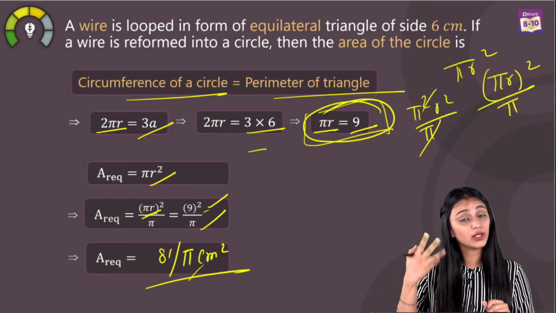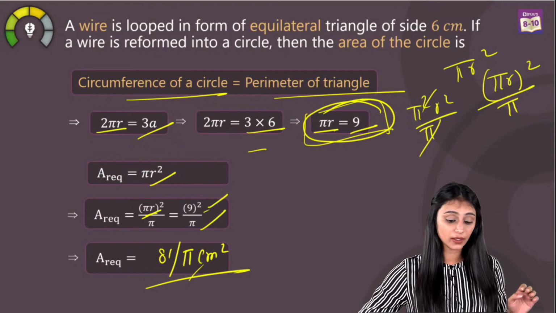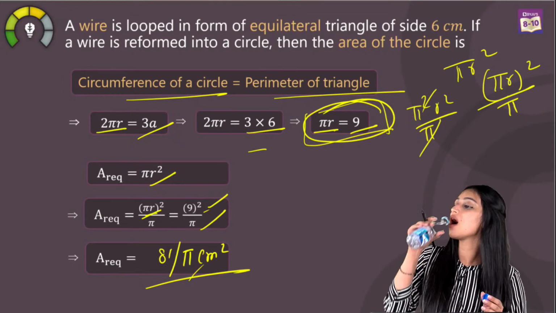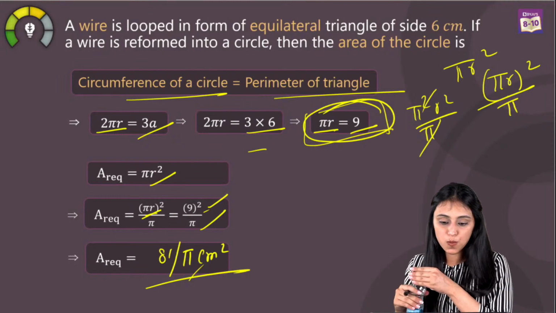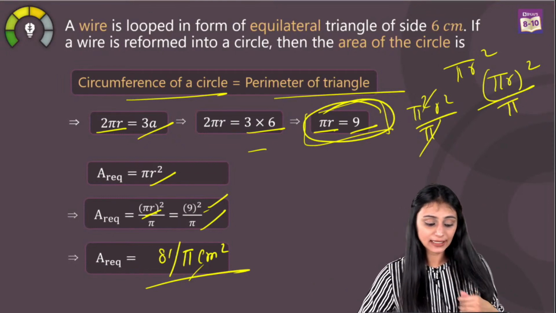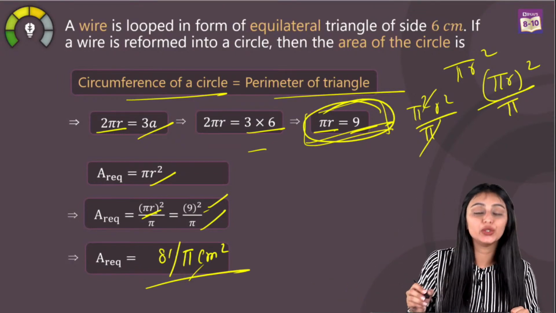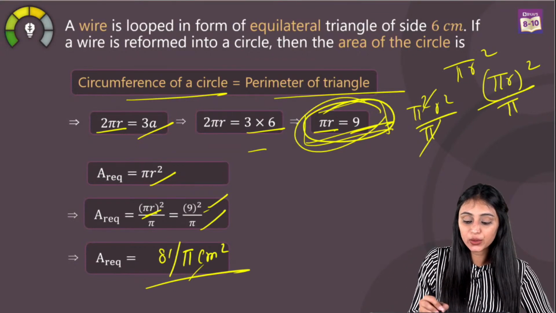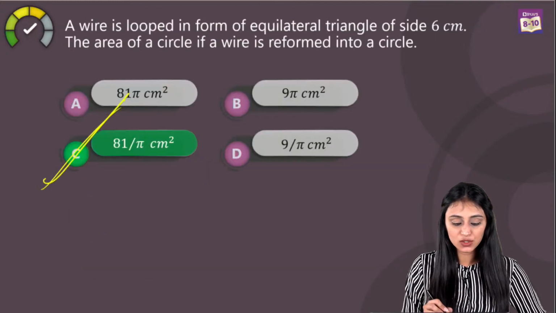This gets cancelled out, and you have pi r square only, which is 9 whole square. That's why we used it, because we wanted to use the value of pi r, which is 9. Otherwise, it was difficult to use this value here. So option C is the answer.